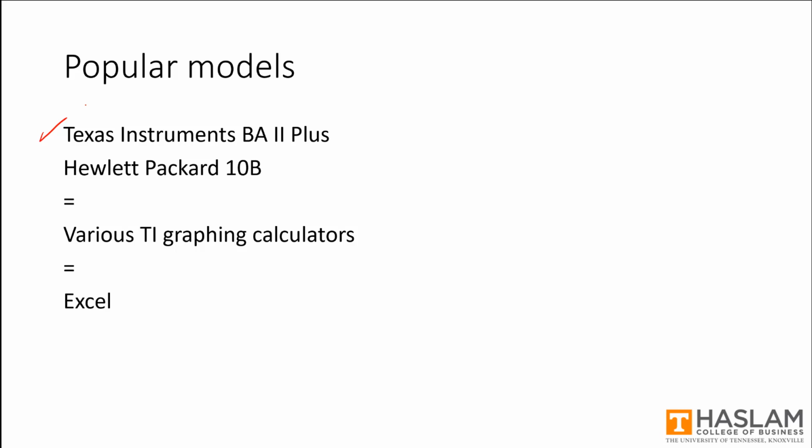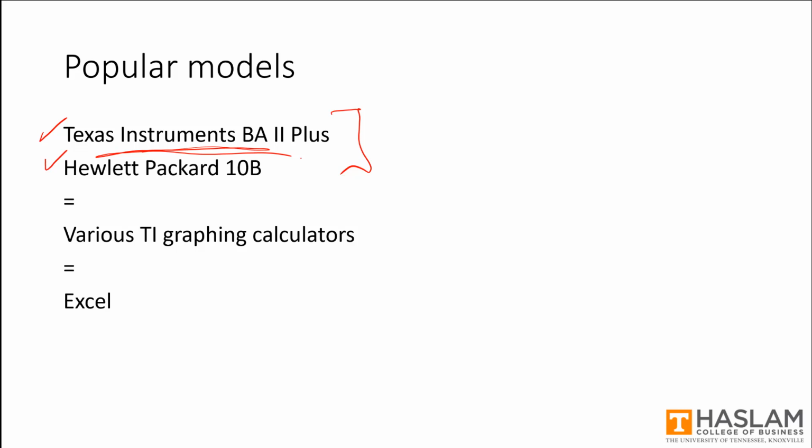And then there's the Hewlett-Packard 10B. These two models will be somewhere around $40. You can find them just about anywhere that sells calculators, and so you should be completely fine with those. The one that I use the most is this TI BA2 Plus, and so I'm a little bit better versed in that one, and so I can provide you the best support on that model. But either one of these is fine.